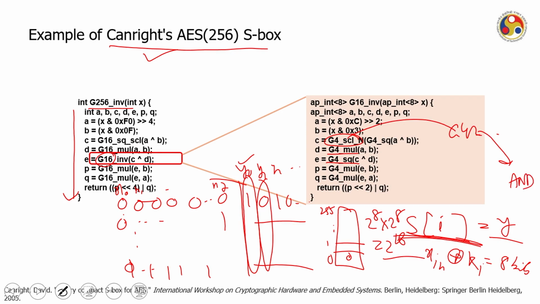So this is the kind of call graph. I will talk about what this inverse function is in a moment. I just gave you the key idea, but I will see the exact implementation. So this is your C code, you understand. It has many calls, G16, 4-5 function calls, each of them has a body that will call another function that will call the AND operation. So this is the implementation.